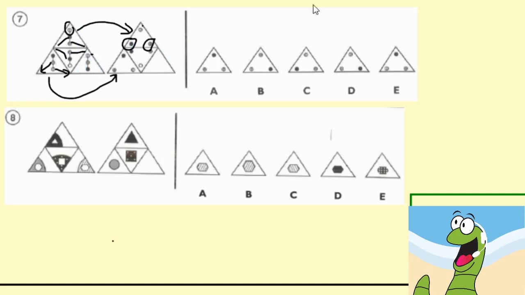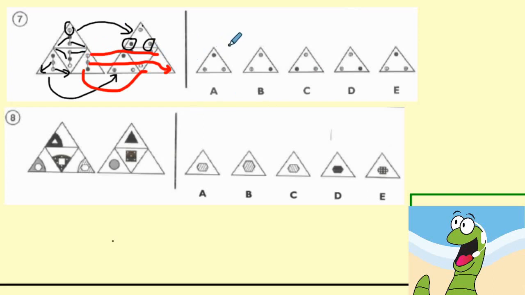Let's put it into a different color for you. We should be having this circle staying there. We should be having this circle going to that side, and this one going all the way over there. Let's see what we can eliminate and what we have to keep. We're looking for that circle at the top.